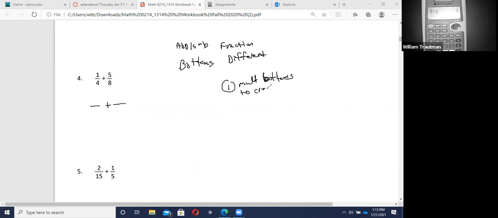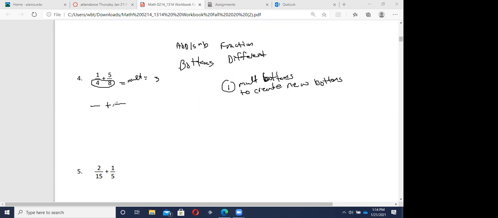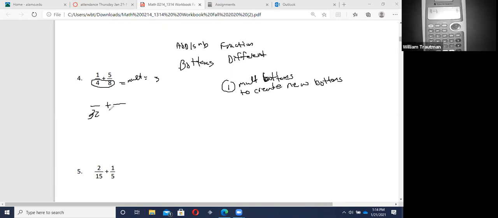In other words, what do I get when I multiply these two bottoms? What's 4 times 8? 32. Do you see I'm creating two new bottoms? Say step one, multiply the bottoms to create two new bottoms. 4 times 8 is 32.